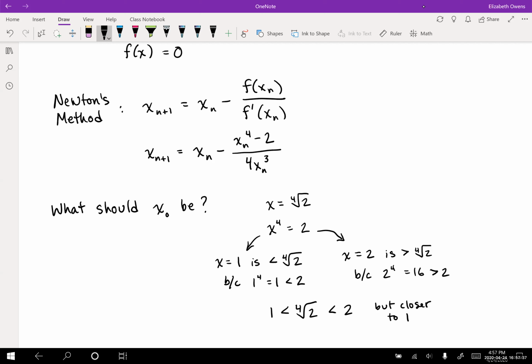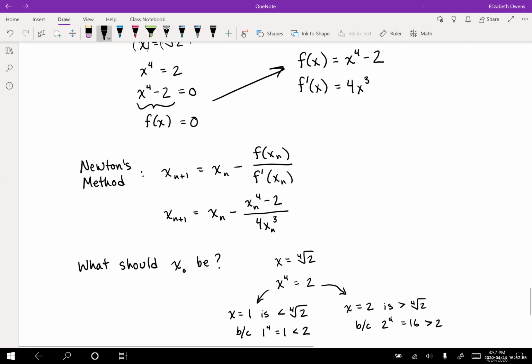And that tips us off to what we should probably use for our x naught value. Let's go with x naught equals 1, because we know our value for our actual root that we're looking for is close to that, okay? And that's what you want with that x naught.